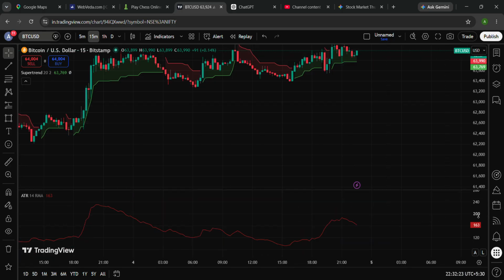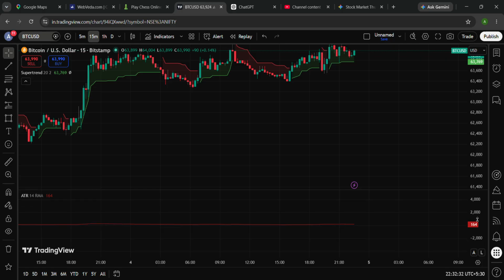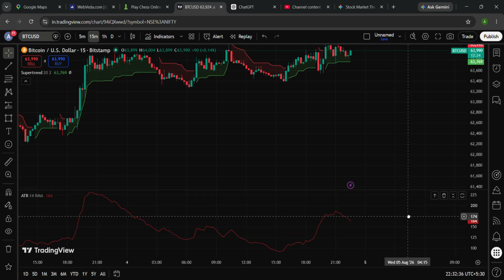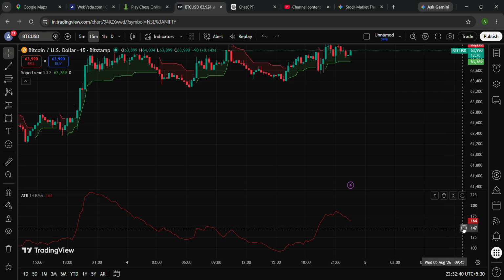Basically, if I have to tell you that the ATR current price is 164, and if you see that there is no end of ATR, right? So there is the middle position. If I would plot a middle position right there, it is 0.50.